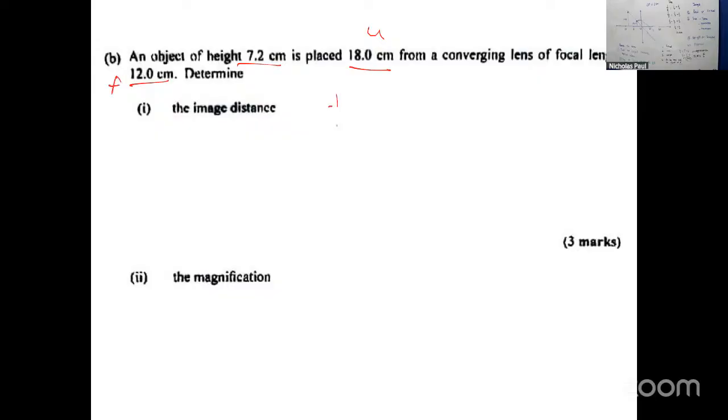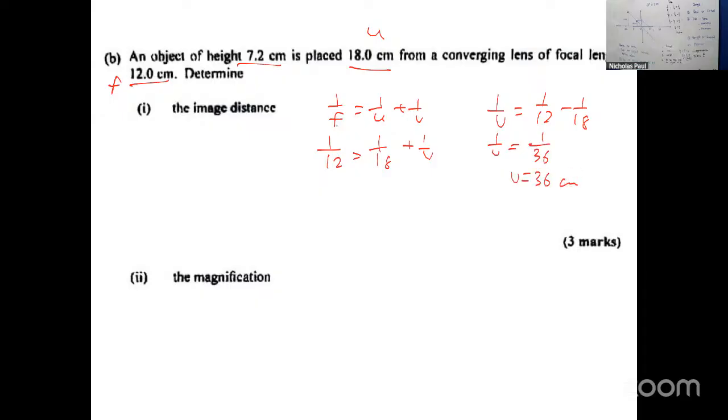So now 1 on f is equal to 1 on u plus 1 on v. 1 on 12 is 1 on 18. So I got 1 on v as 1 on 12 minus 1 on 18. How much is that again? So v is 36. Yes.